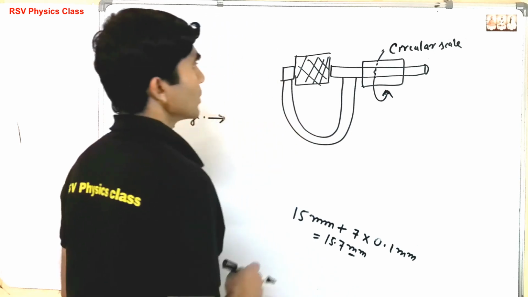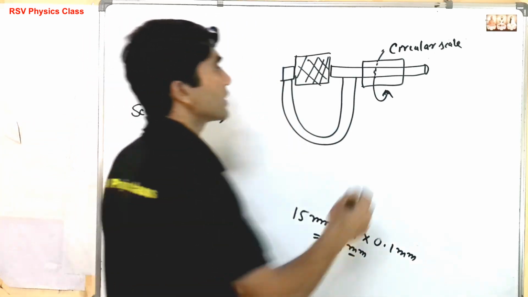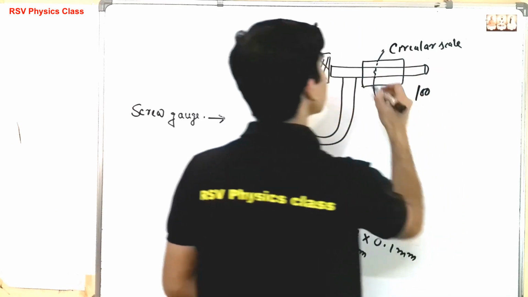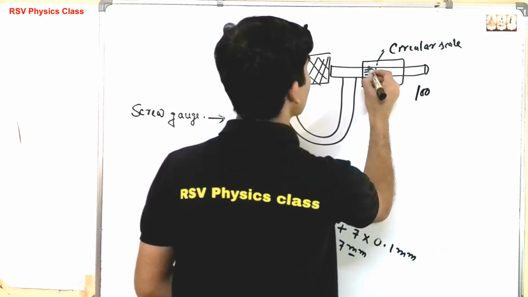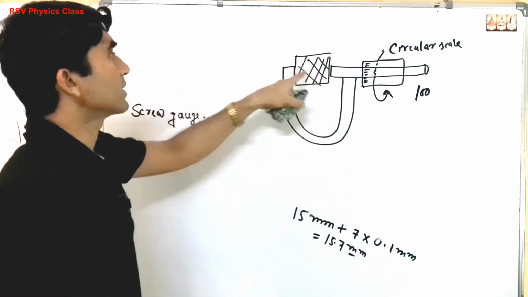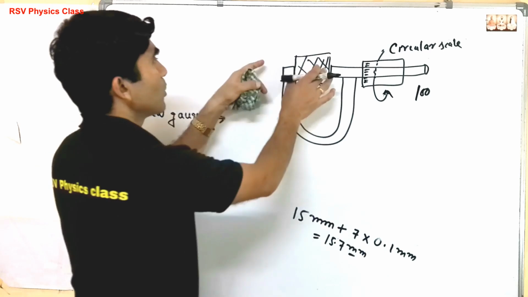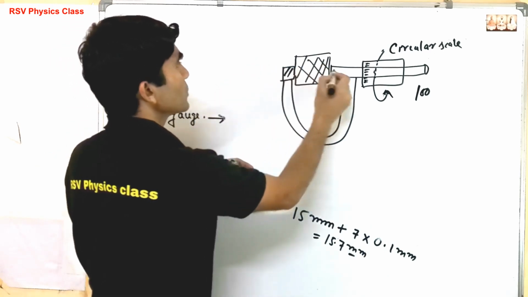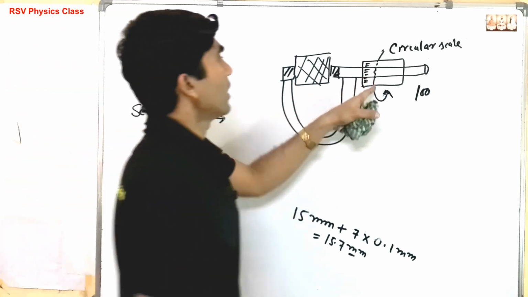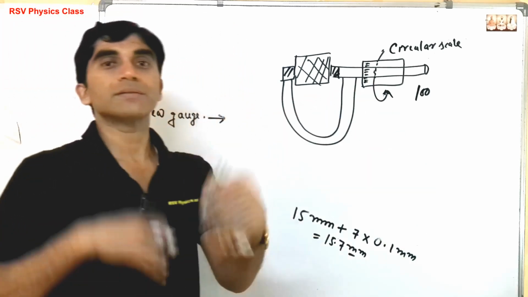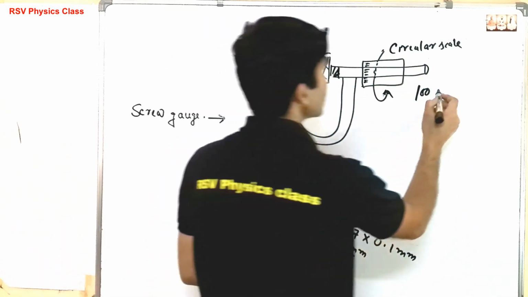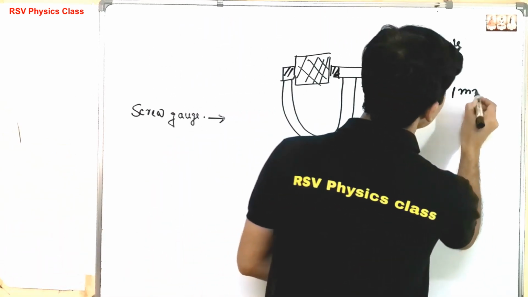If you rotate it, then it is tightening. This is tight, and the object will be tight between this portion and this portion. So if you rotate 100 divisions, one total full rotation, then it will move 1 mm.